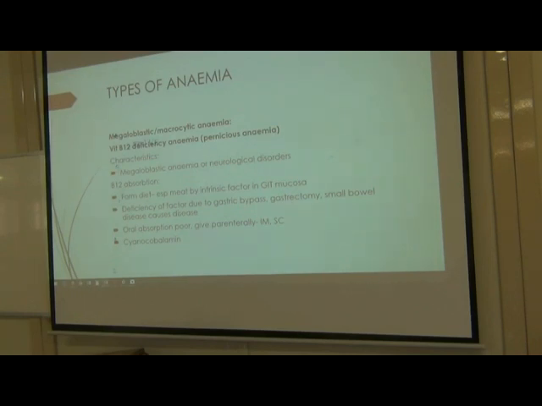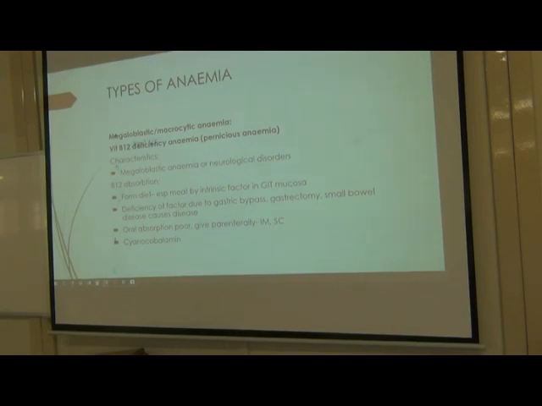So your vitamin B12 is absorbed. Vitamin B12 deficiency anemia means there is a lack of B12 in the body, all right? And B12 is usually gotten from diet, especially meat. It is absorbed from meat by an intrinsic factor that is in the GI mucosa.